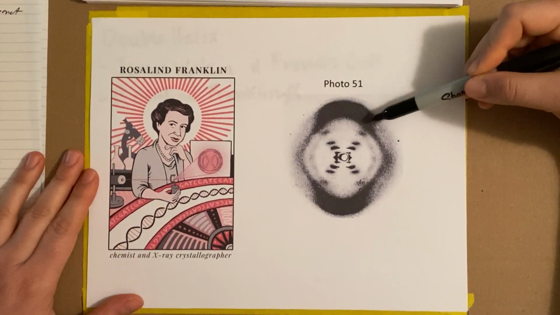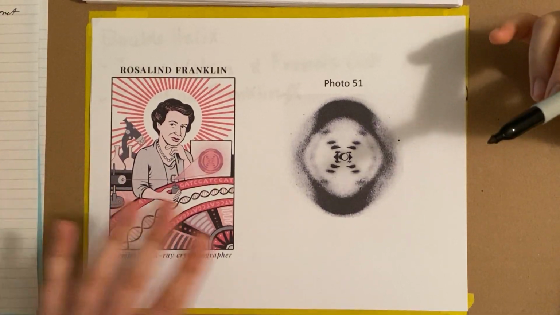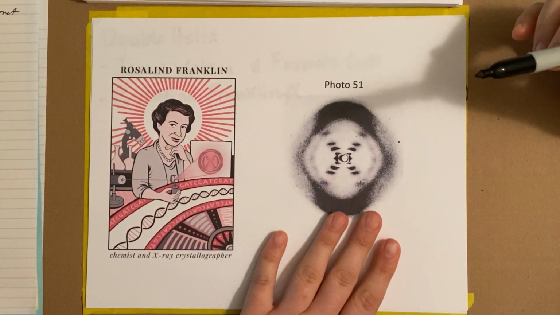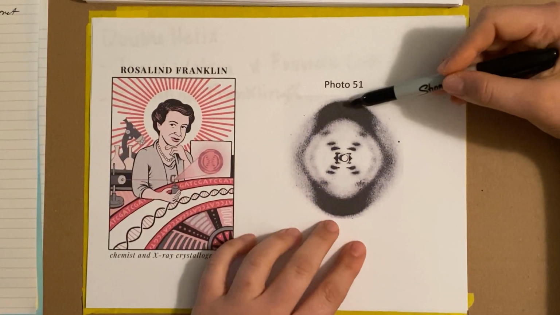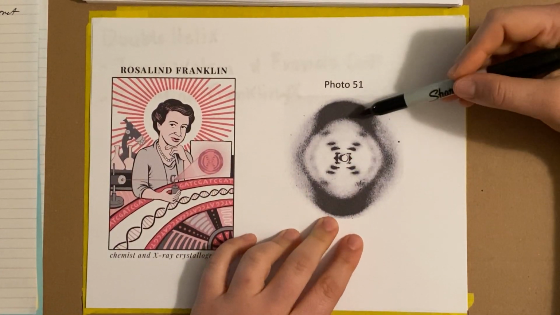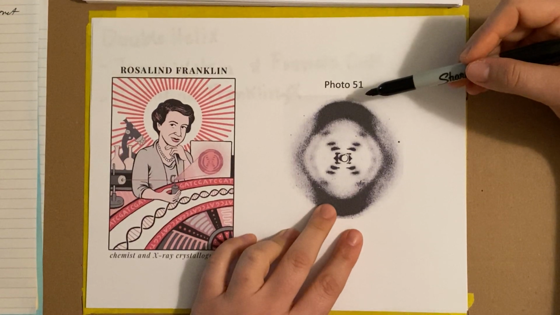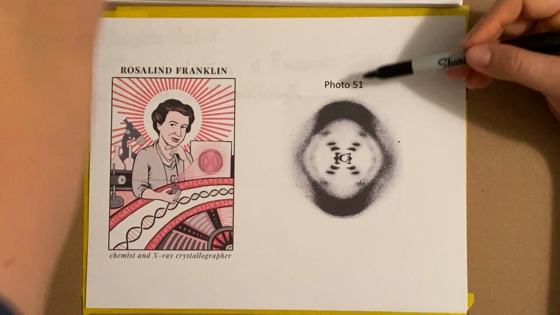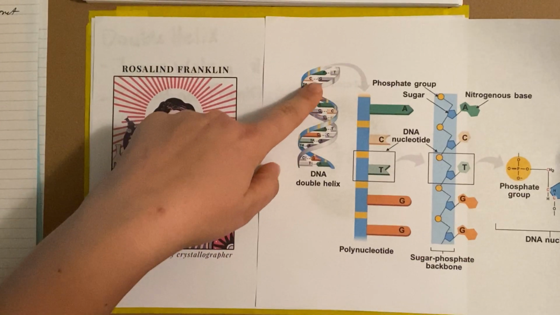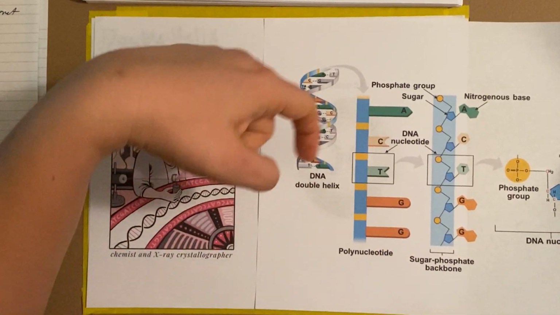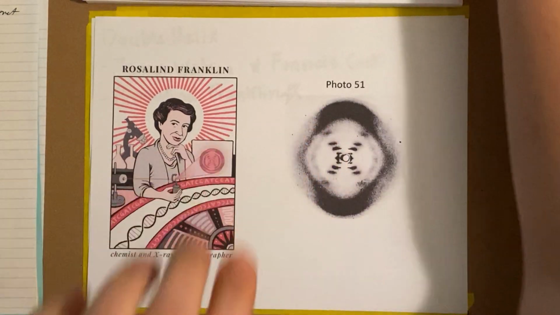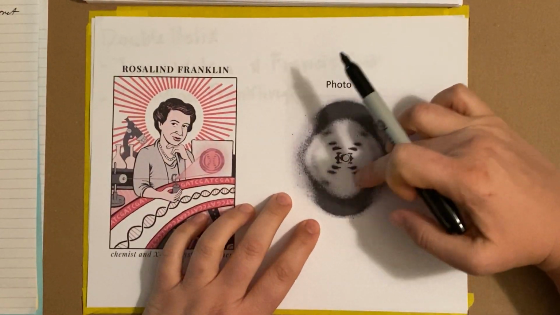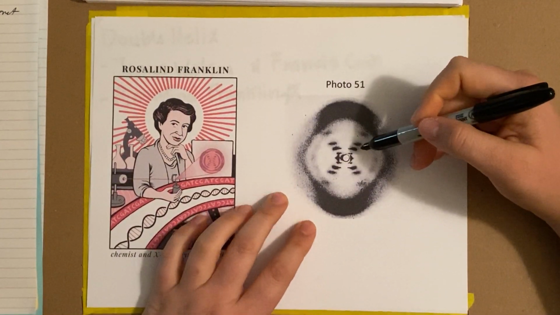This is actual DNA. And it may not look like much to us, but for the individuals that knew how to work with this, what this told them is that you actually have a double helix shape for the DNA. Okay, so the DNA is going to look like this. This is a double helix, so you can see how it twists and swirls. This picture, looking down on the DNA from above, shows that structure.